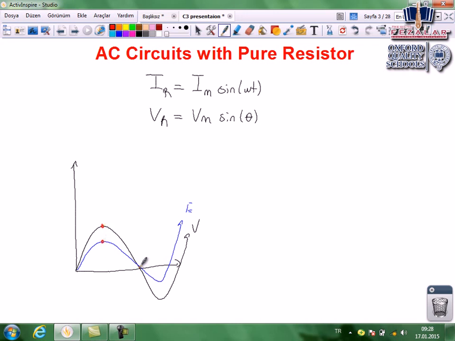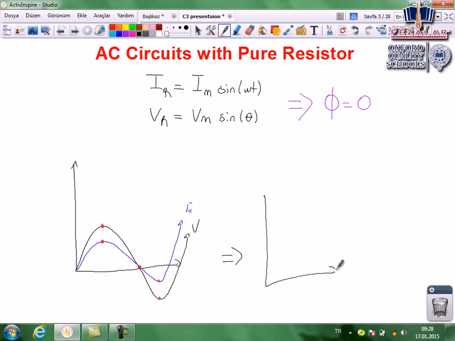When voltage reaches zero, current reaches zero. When voltage reaches negative maximum value, current reaches negative maximum value. This shows us there is no phase difference between them. That means the phase difference angle of the vectors, phi, is 0.